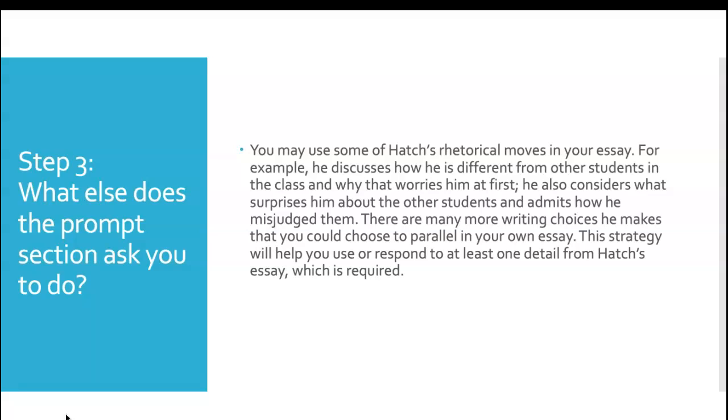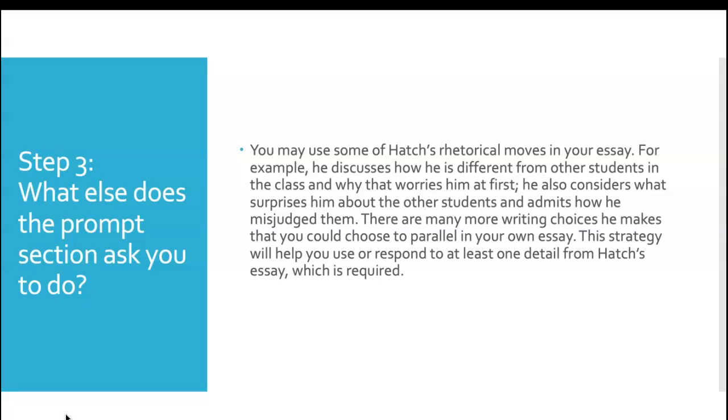So, for example, he talks about how he's different from the other students first, right? So he focuses on what's different. But as he works through the essay, he ends up pointing out how actually they're very similar. They have a lot of things in common. He's surprised by this.